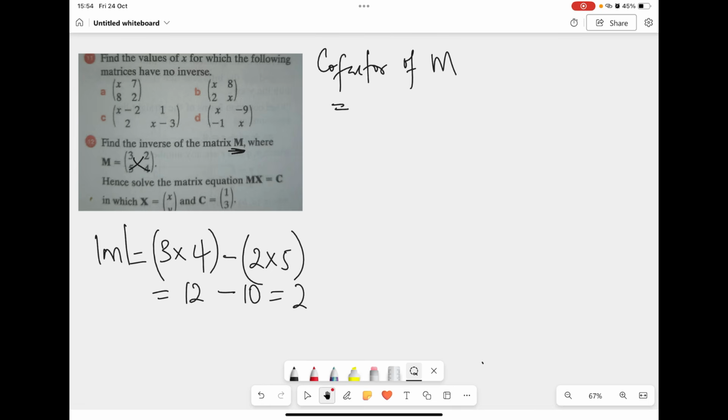Now for the cofactor of a 2 by 2 matrix, let me just say this first. You can actually get the inverse of matrix M without going through all this long process. There's a very short way to get it without the whole cofactor and transpose of cofactor.